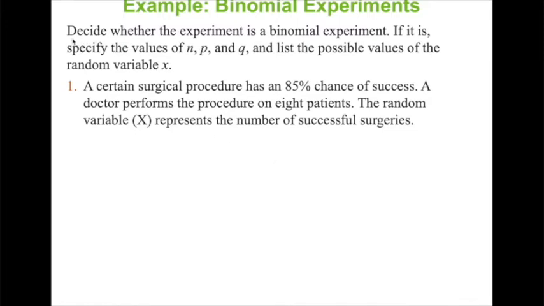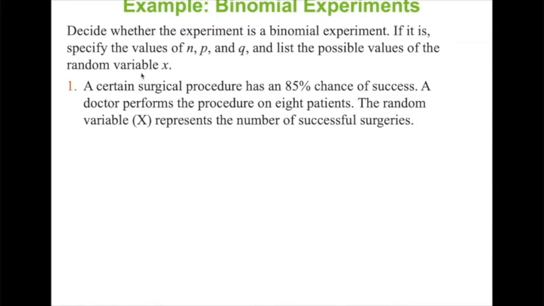Here the instruction says decide whether the given experiment is a binomial experiment. If it is, then specify the values of n, the number of trials, p, the probability of success, q, the probability of failure, and list the possible values of the random variable x.